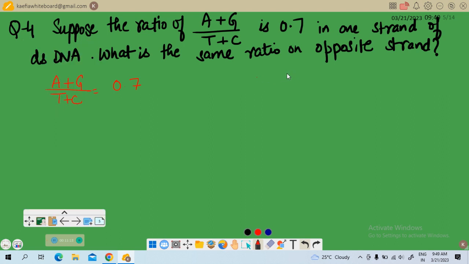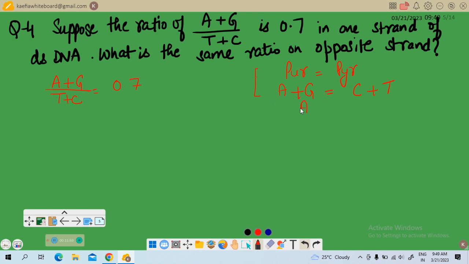According to Chargaff rule, total number of purines is equal to total number of pyrimidines. So purines, that will be A and G. Pyrimidines, that will be C and T. So this is the Chargaff rule.